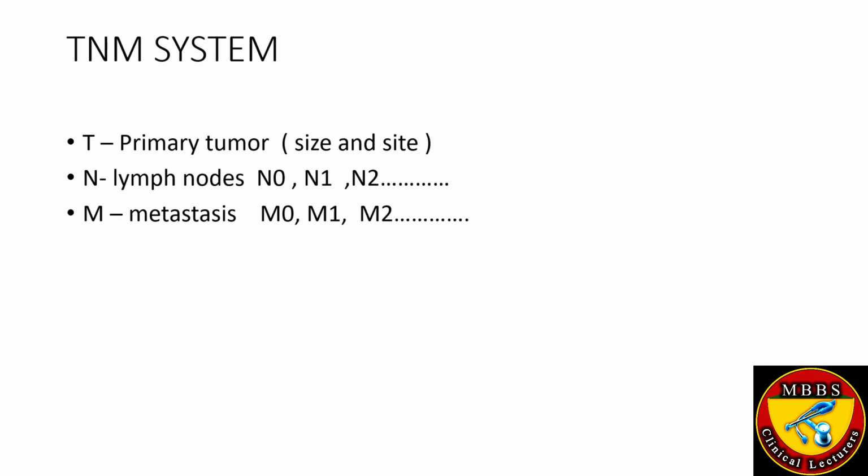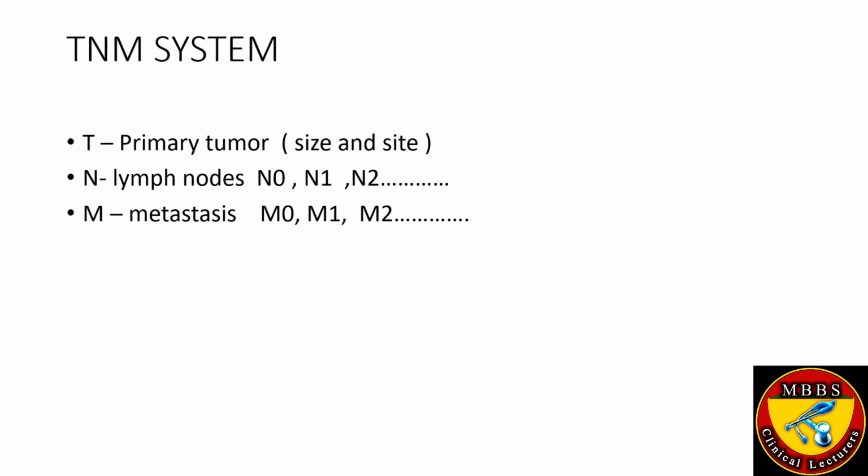In the TNM system, the T primarily shows the tumor size and the site where the tumor is located and how much the tumor measures. The N will denote the lymph node.